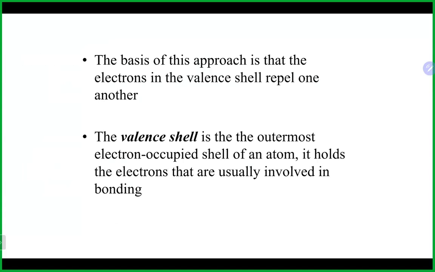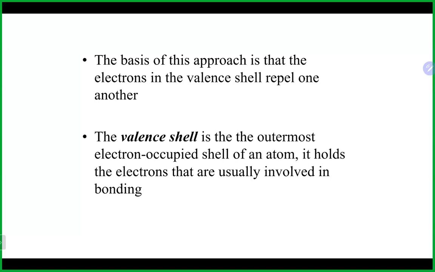The basis of this idea is that there are electrons involved in bonding and electrons involved in non-bonding. And ultimately, electrons near electrons do not want to be near each other because they're both negatively charged. So they try to get away as far as they can from one another. Unfortunately, they can only go so far because they're locked into a bond.